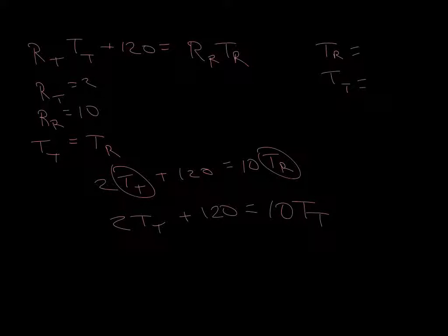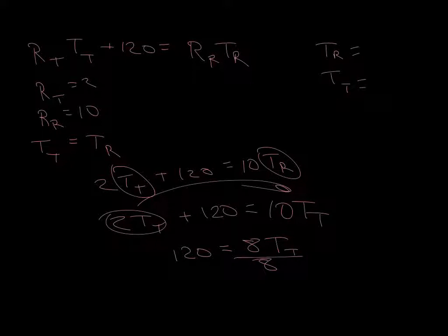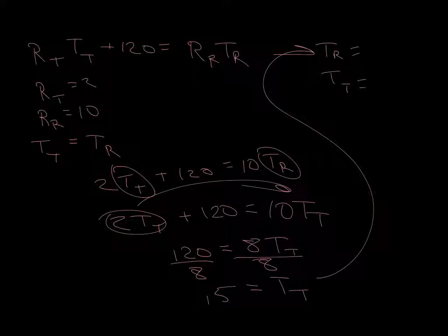Since they're equal, now I only have one variable. So I'm going to move this over here by subtracting it from both sides. Divide this by 8, divide that by 8, and I know that 8 goes into 120 15 times, so that's what my TT equals, which is also what my TR equals since they're equal to each other.